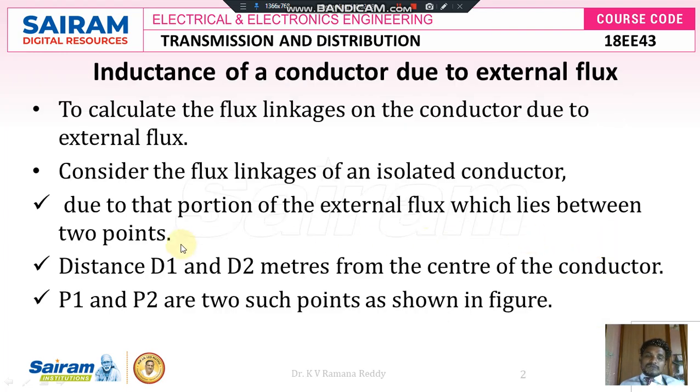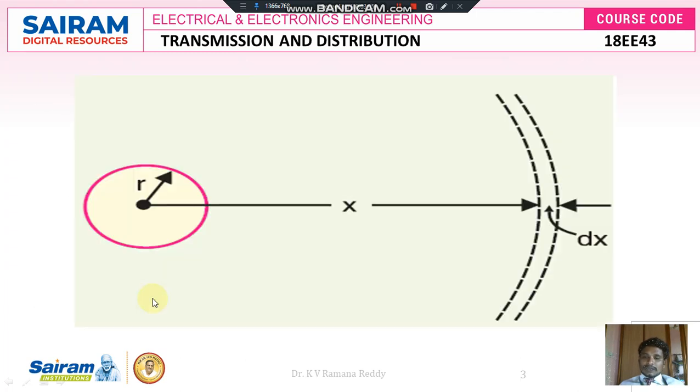From the location of P1 there is a distance of d1, and from the location of P2 there is a distance of d2. The location P1 has one conductor, and the location P2 has another conductor. These are the two conductors represented by the dotted lines here.